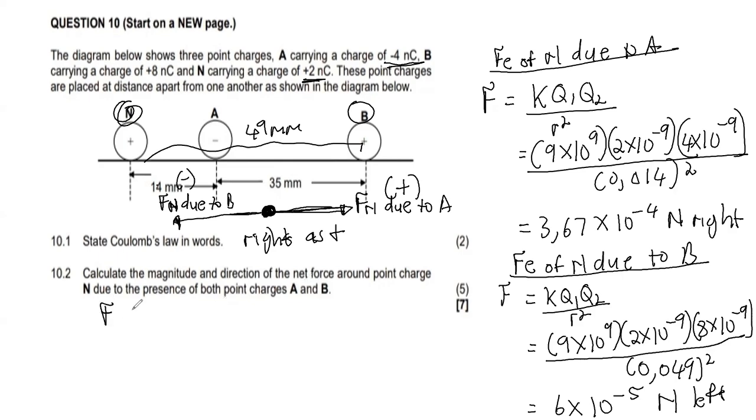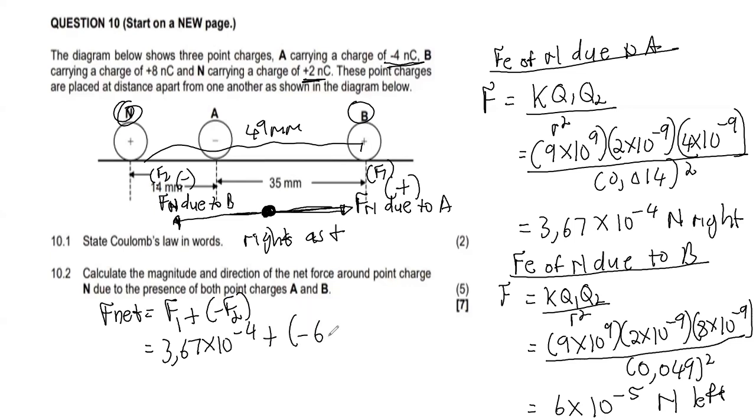So to calculate our F net, let's call this F1, and let's call this F2. So F net will be F1 plus negative F2. My F1 is 3.67 times 10 to the exponent of negative 4, plus negative F2, which is 6 times 10 to the exponent of negative 5. And then let's punch in our calculator.